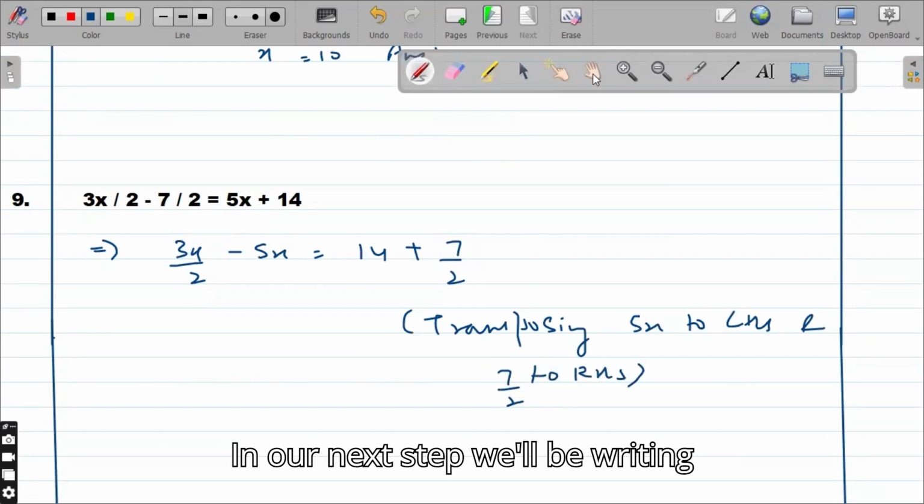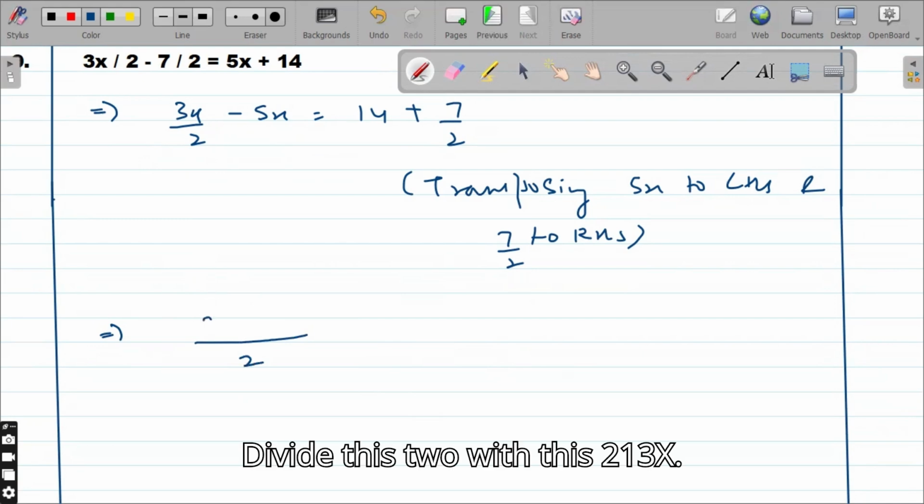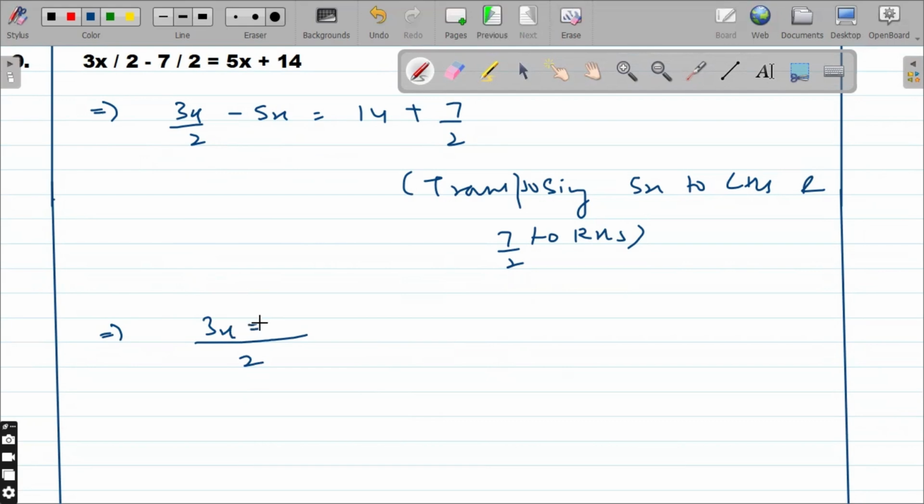In our next step, we'll be writing 3x by 2 minus 5x. Have the LCM 2. Divide this 2 with this 2, 1, 3x. Again, divide this 1 with this 2, 2 5s are 10x. So it will become 3x minus 10x.